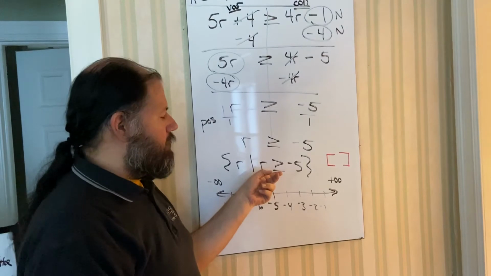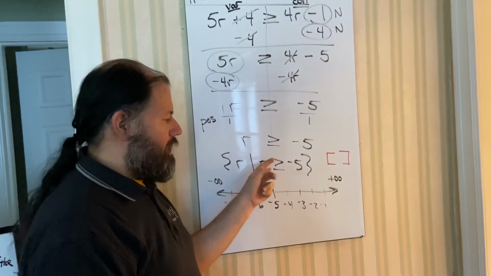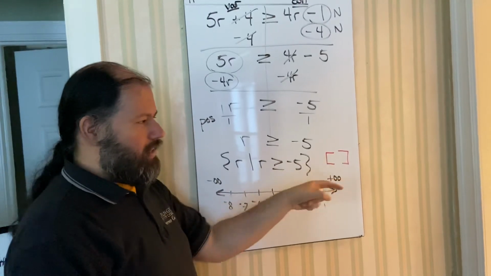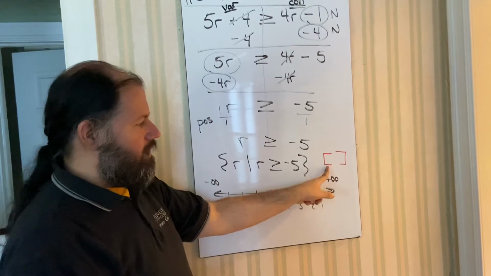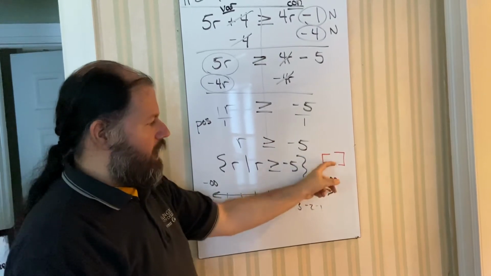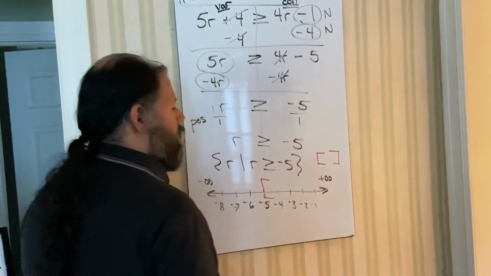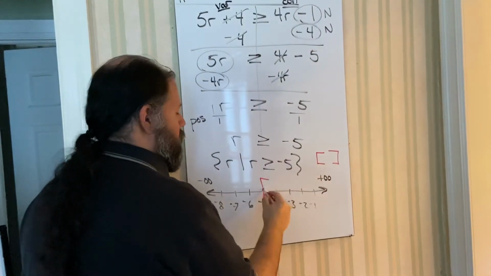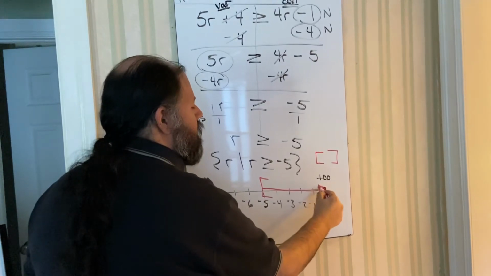Notice it's a greater than symbol. So greater than symbols, if you look at it, it's pointing towards the positive side. So I want my bracket to be opening up to that side. So I'm going to use this one. See how it opens up that way. And then shade this way. And then I color my infinity because this would go on and on forever.